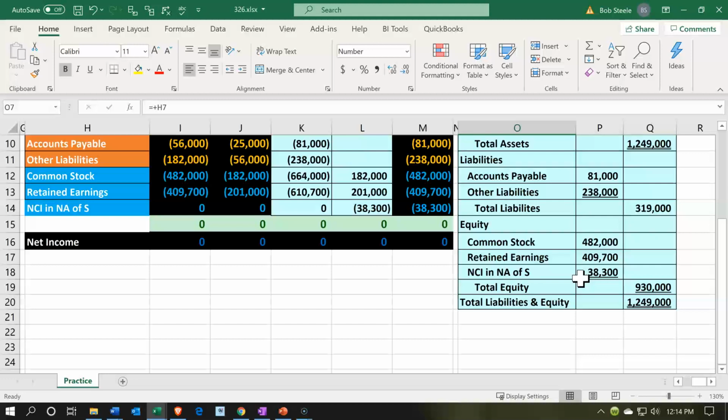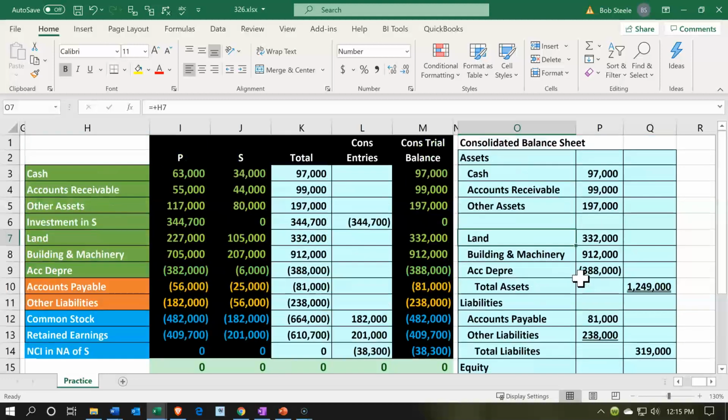So it makes sense, to some degree, if you're analyzing P, to analyze all the net assets that they basically have the power to do what they want with.